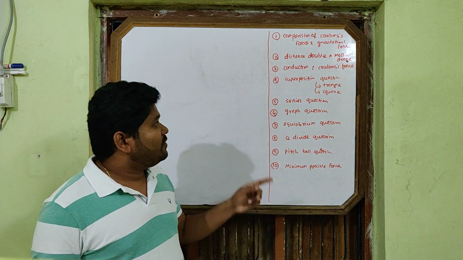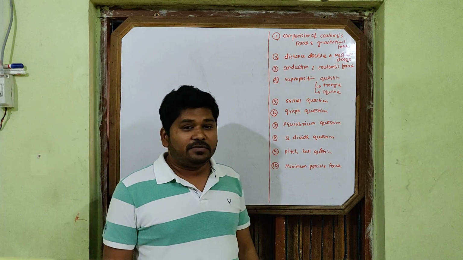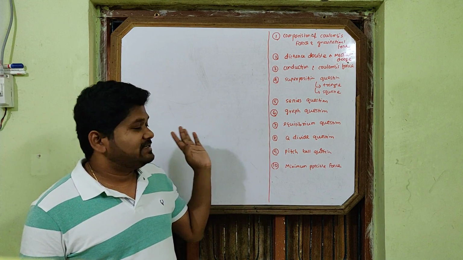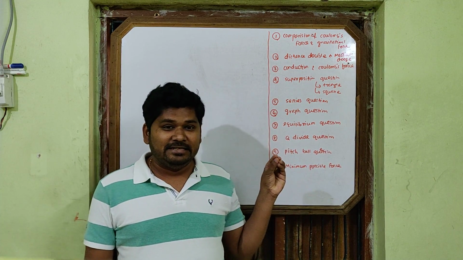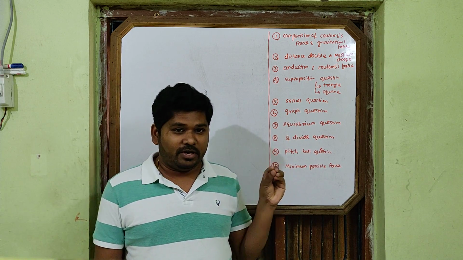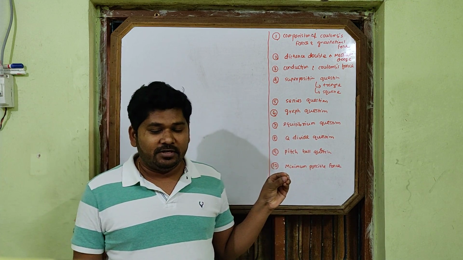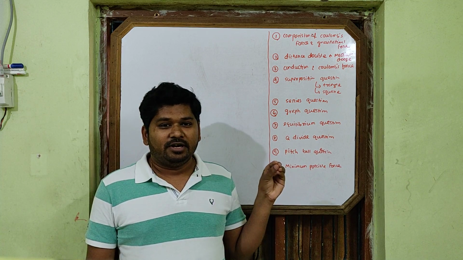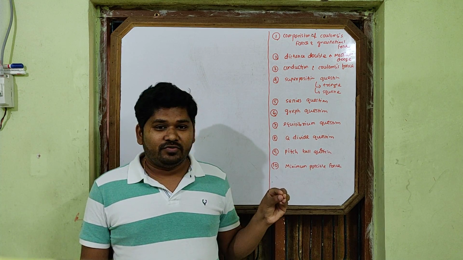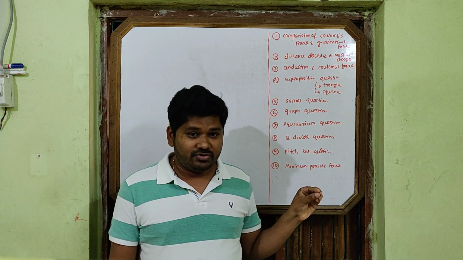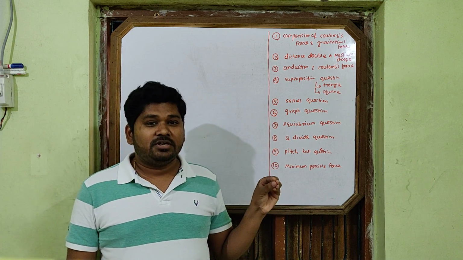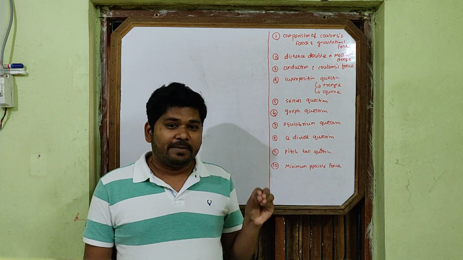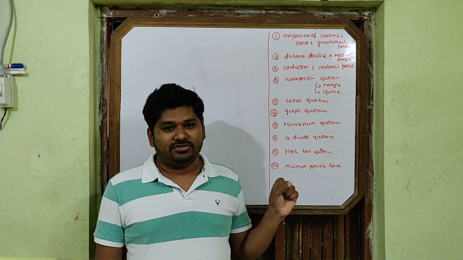Question number 1. Comparison of Coulomb's force and gravitational force. The question will come like this. You can note the question also in your paper. Compare Coulomb's force and gravitational force between electron and proton separated by a fixed distance.